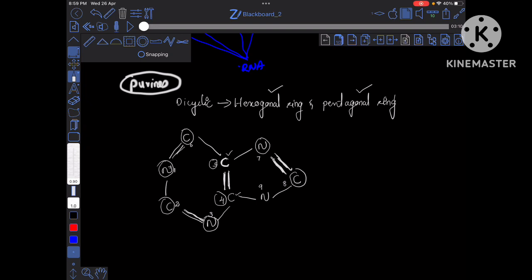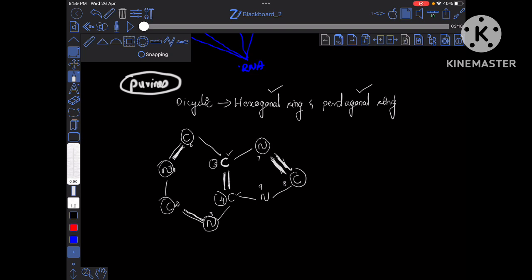So it will come between the 1st and 6th position and between the 2nd and 3rd position. In case of the pentagonal ring, the carbon nitrogen residues alternate again, and between the topmost nitrogen and carbon residues, the double bond exists. This is the basic structure of purine.